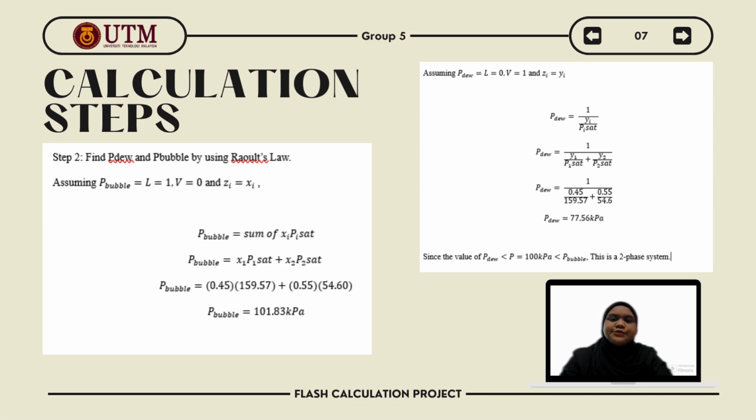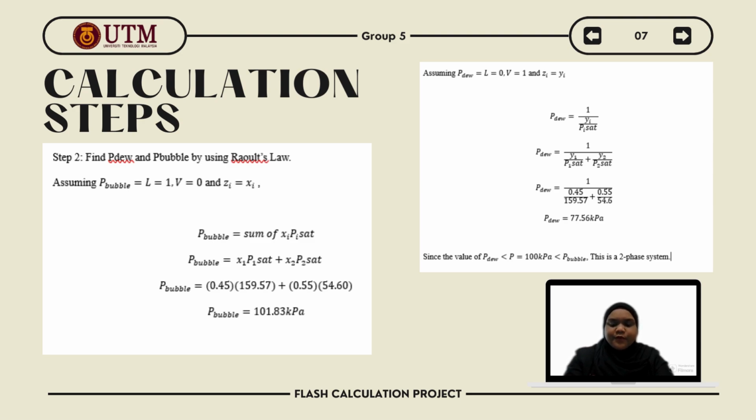Next, we move on to P dew and P bubble. We already set 100 kPa for this system, but we need to ensure that the 100 kPa is between the P dew and P bubble, which means it is a two-phase system. For P bubble, we will use the formula of the sum of Xi times Pi saturated. The total for P bubble is 101.83 kPa.